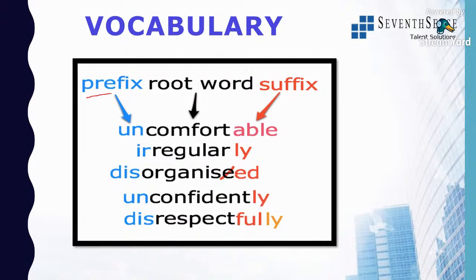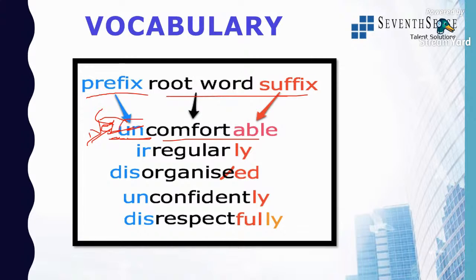See here, the prefix part, root part, and suffix part. In uncomfortable, the prefix un plays a negative role, showing negativeness. Uncomfortable means not comfortable. If you remove un, it becomes comfortable. See, the meaning changes based on the prefix and suffix.